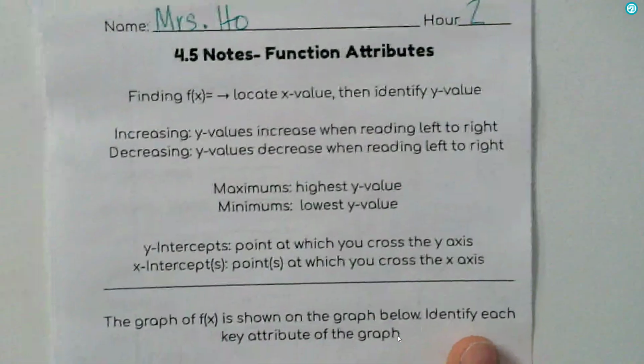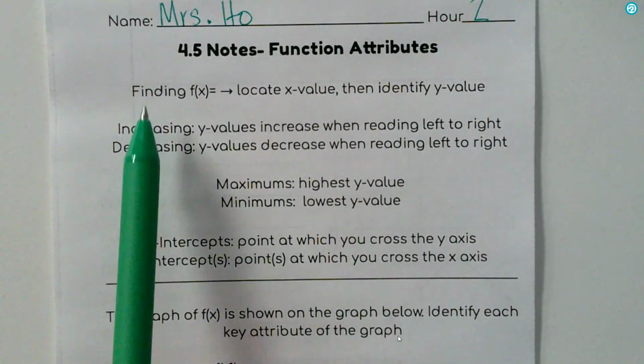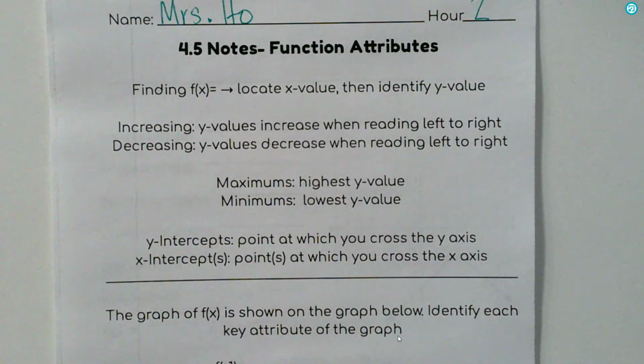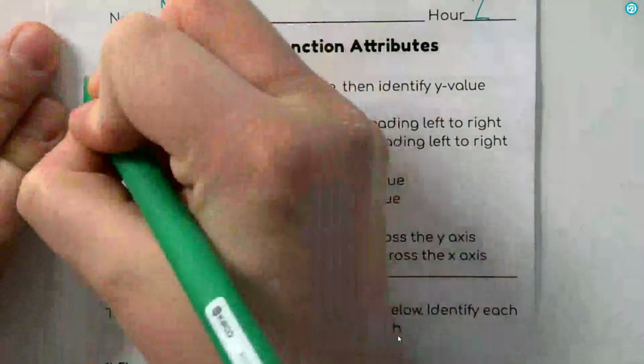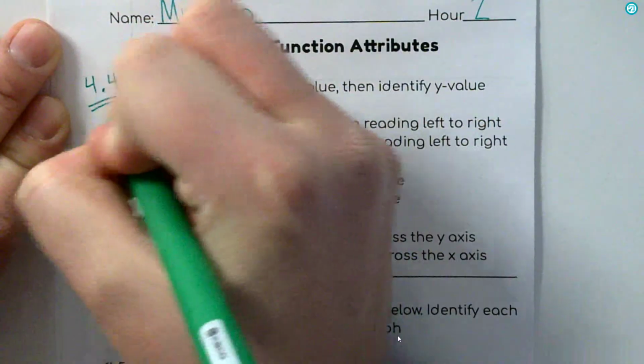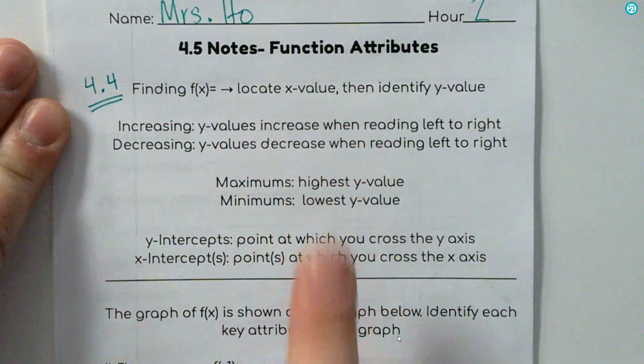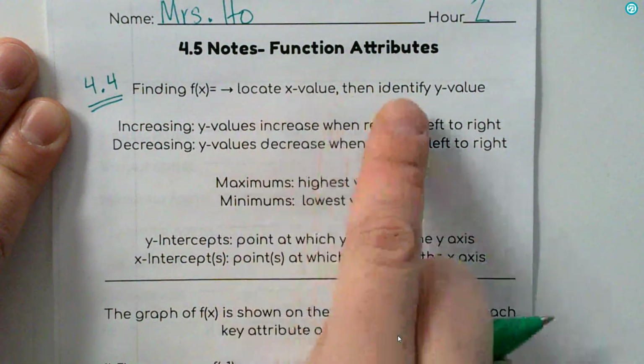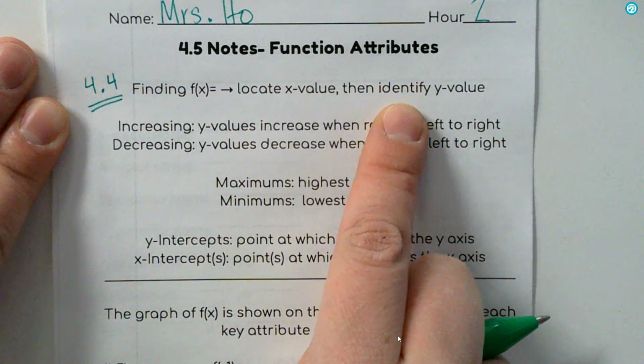Okay, so first thing that we're going to do is find f of x values. So this is us evaluating from a graph. This is exactly what we did back in 4.4, so what you guys did last Thursday. You're going to locate an x value and then identify a corresponding y value.